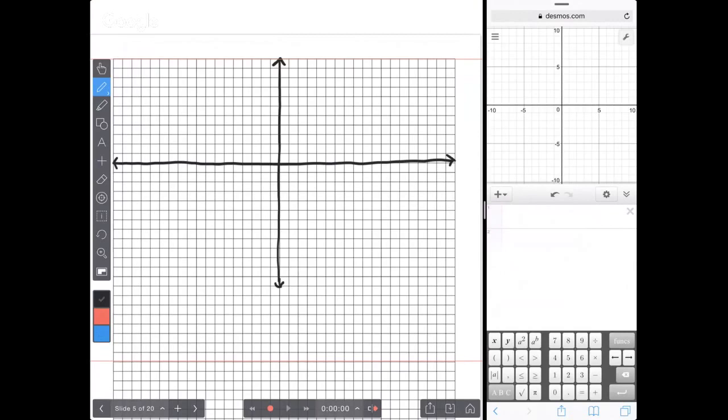I'm going to scale 1, 2, 3, 4, 5, 6. Here's pi. 1, 2, 3, 4, 5, 6. 2 pi. 3 pi.